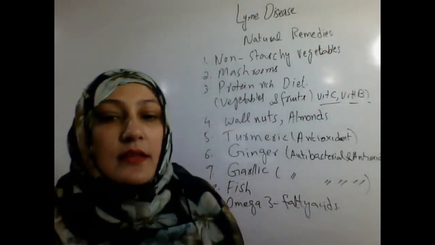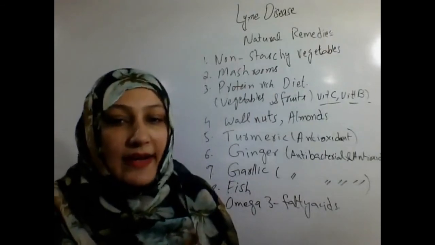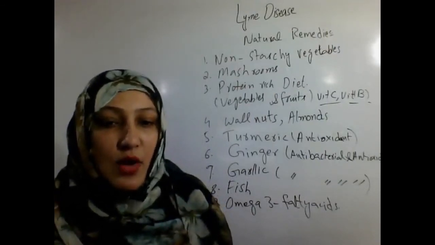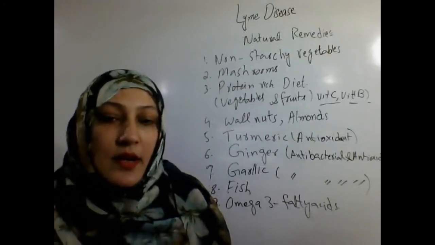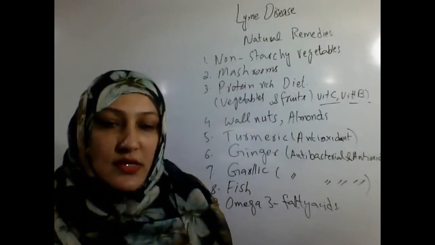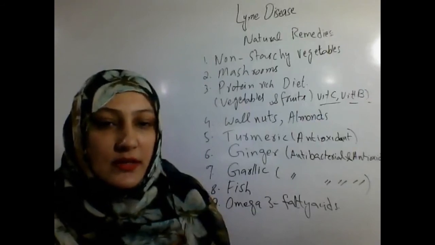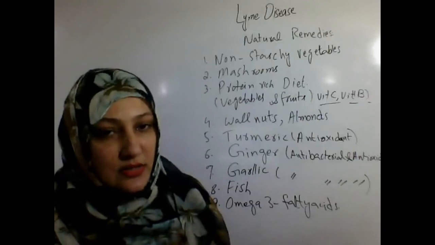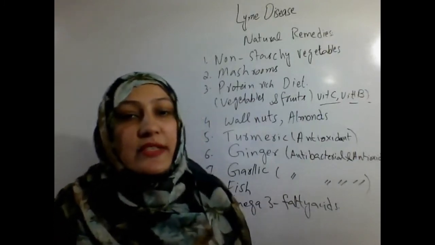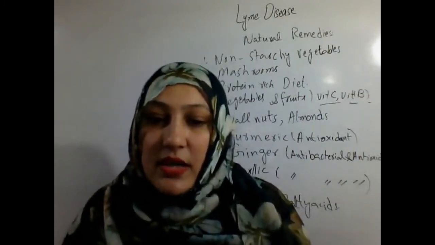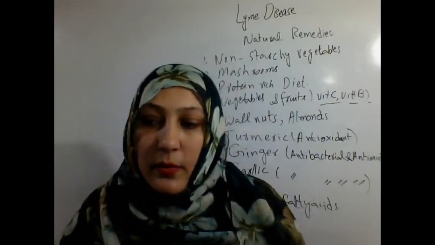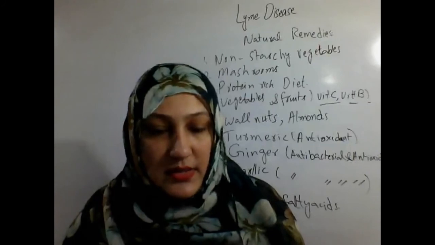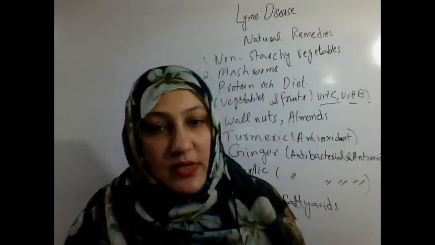Similarly, the fish contains the omega-3 fatty acids, and also the diet which contains a large amount of omega-3 fatty acids. Fish oil is very important against the inflammatory diseases, for the boosting up of the immune system. So by using all these remedies, we can lower down the problem caused by the Lyme disease and the inflammation caused by the Lyme disease.